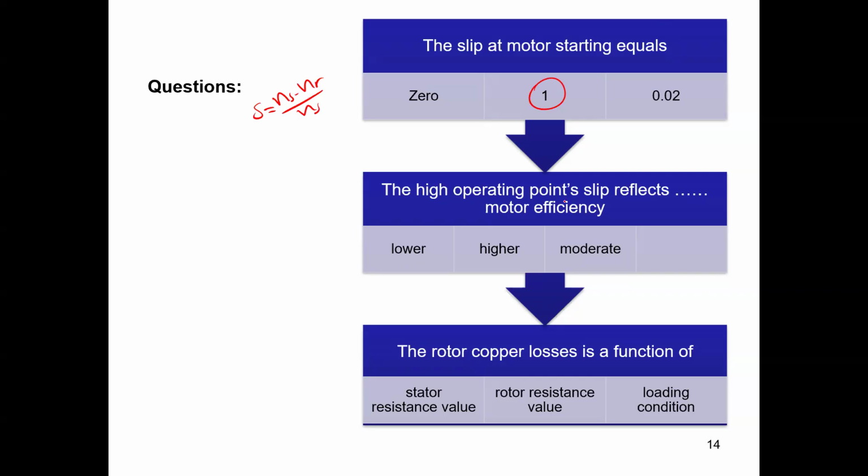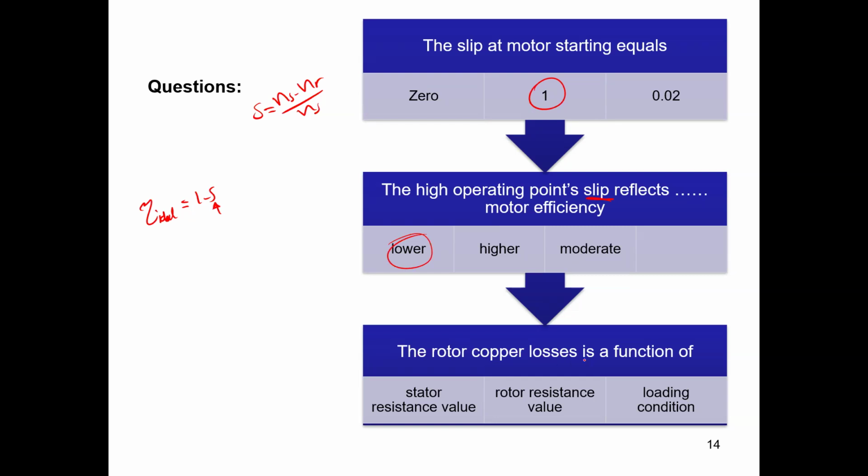The high operating point slip: if S is high, this reflects on motor efficiency. If S is high, the ideal efficiency is 1 minus S, so the ideal efficiency is going to be low. So the exact efficiency is going to be lower, which means the high operating slip will be reflecting to lower motor efficiency.